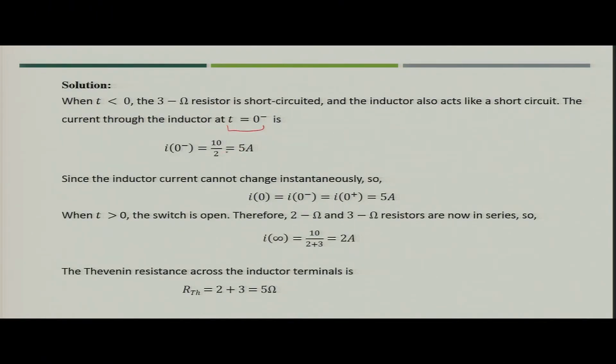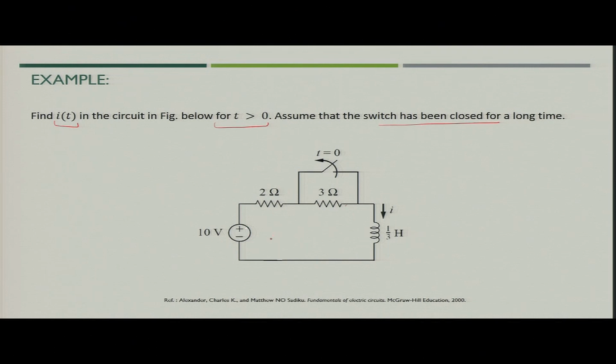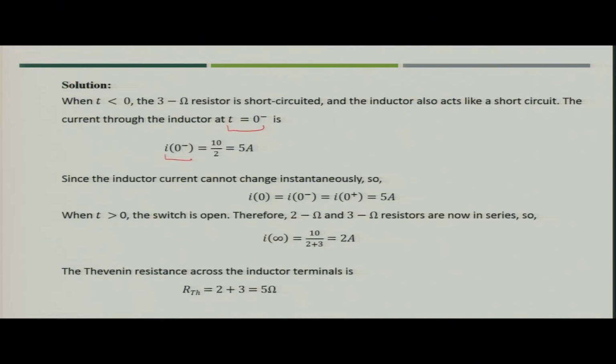So, what is the value of current I at time t equal to 0? You can simply find it by applying KVL: 10 volt would be applied only across the 2 ohm resistance, and it defines the value of current in the circuit. So, I naught is nothing but 5 ampere, and we know that the inductor current cannot change instantaneously.